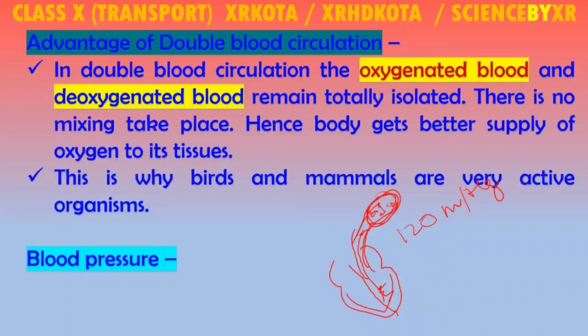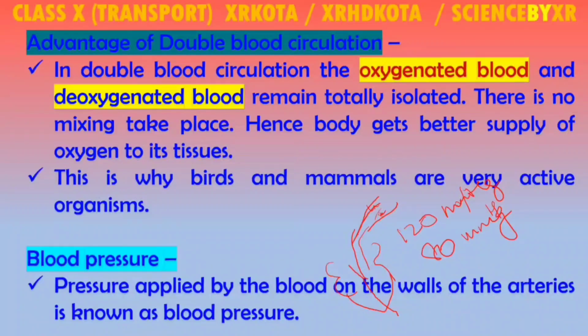Now when the heart relaxes, the ventricles relax and there will be no blood here, and there will be no pressure or less pressure here, and the value will come down to 80 mm of Hg. Okay, so this is how the blood pressure works.